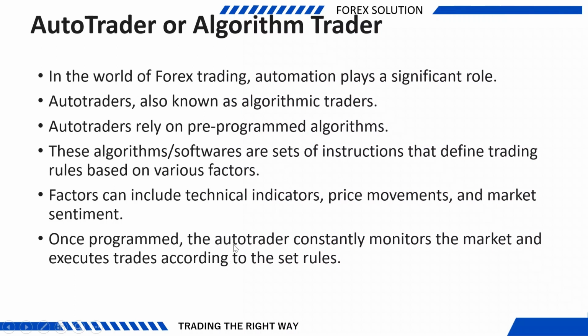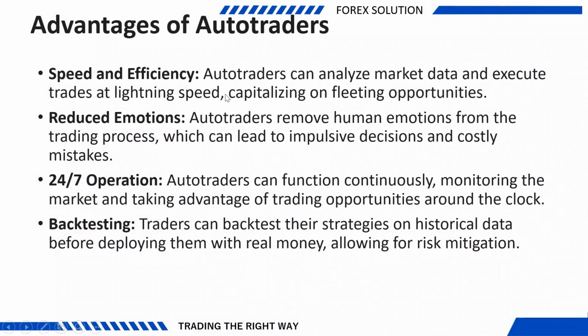Once it's programmed, the auto trader constantly monitors the market and executes trades according to the system. It will just monitor the market and place the buy or sell according to the rule you set for it. What are the advantages of auto traders, like using trading softwares? The first one is speed and efficiency.